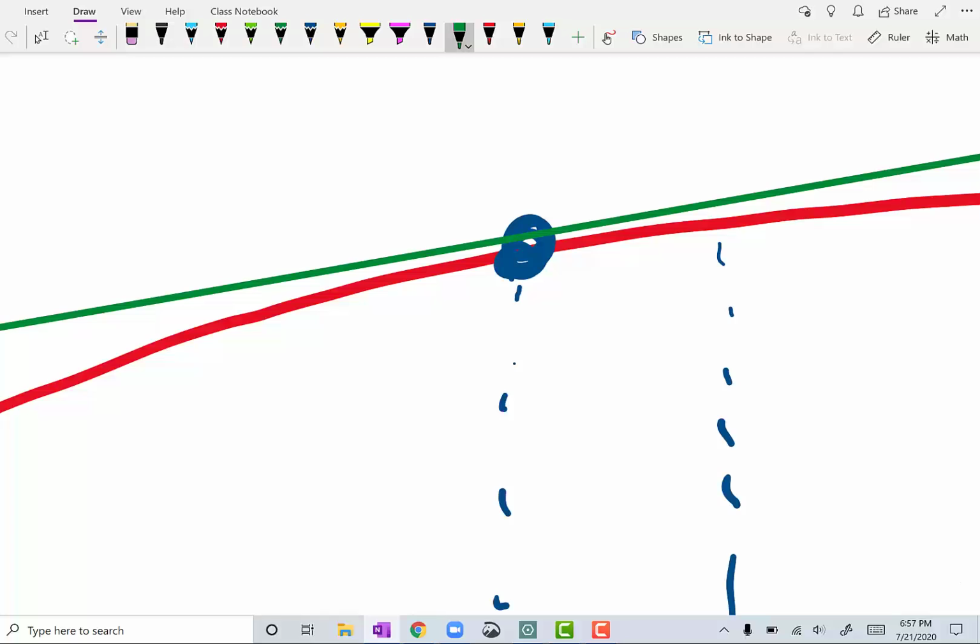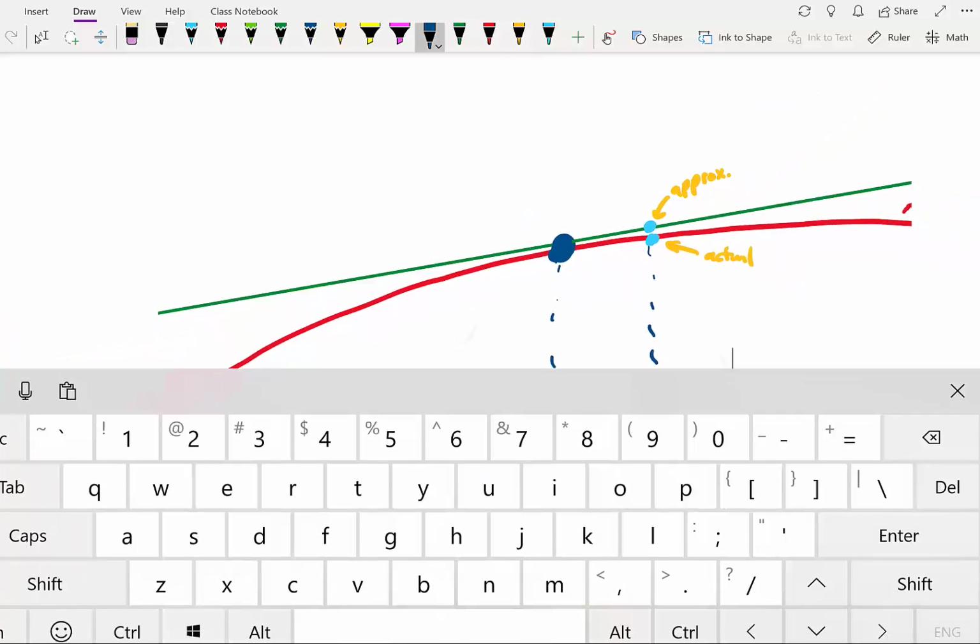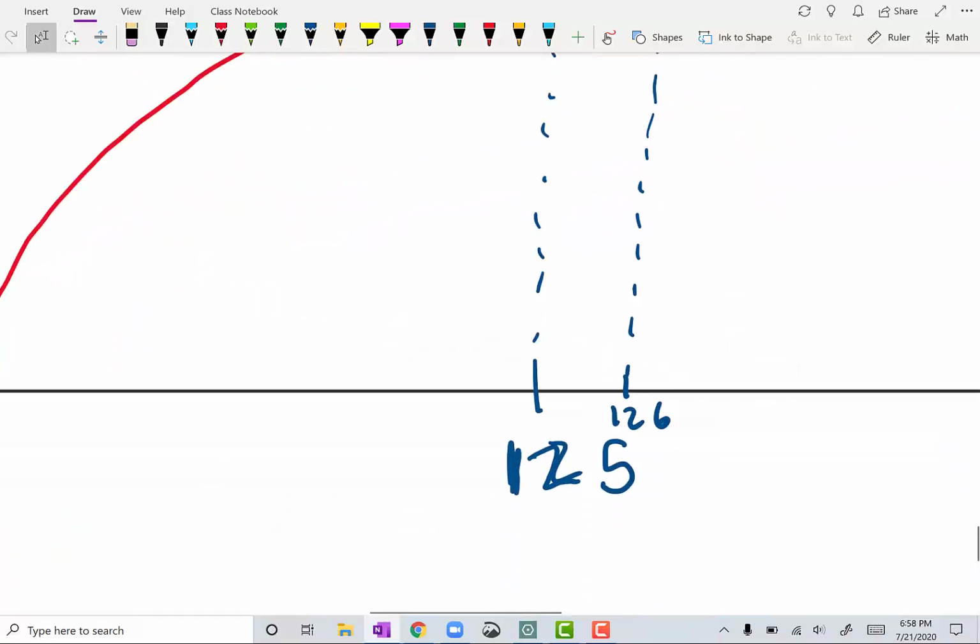So the idea is we're going to use an approximation by taking this value, whereas the exact value would be down here. And this will be the actual. So we're talking about the y values here. And okay, so how would we actually do that computationally?